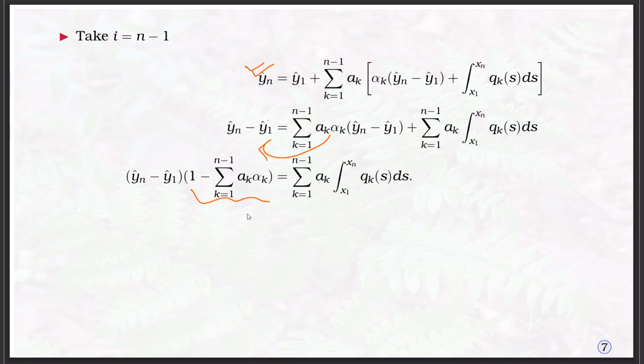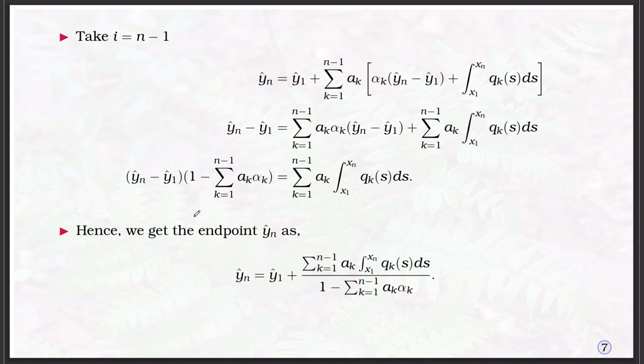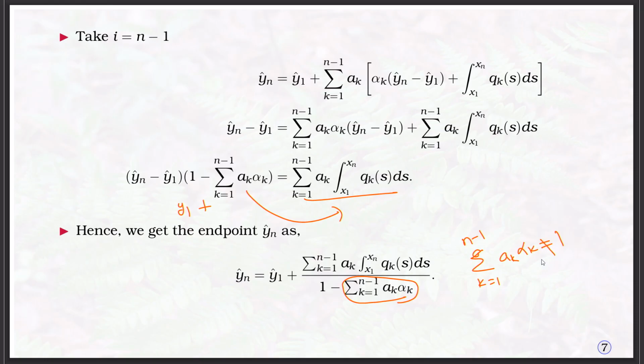From this you can find yn cap, so yn cap equals y1 plus this term divided by this term, provided the sum of k equal to 1 to n minus 1 of ak and alpha k should not be equal to 1, otherwise the denominator becomes 0, and this is invalid.